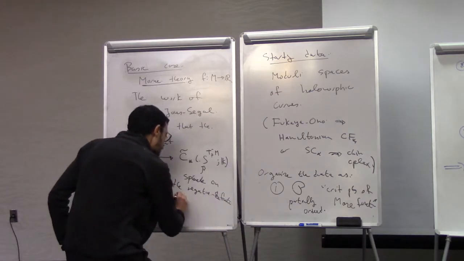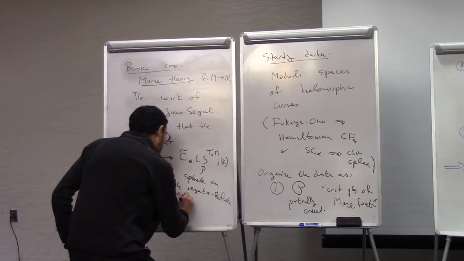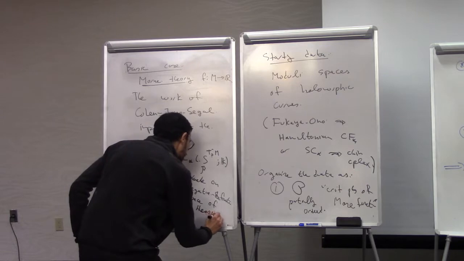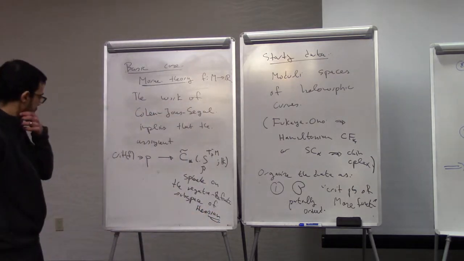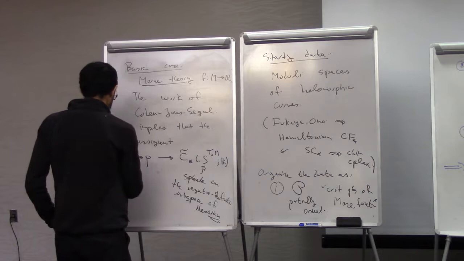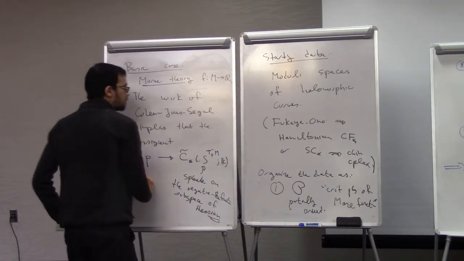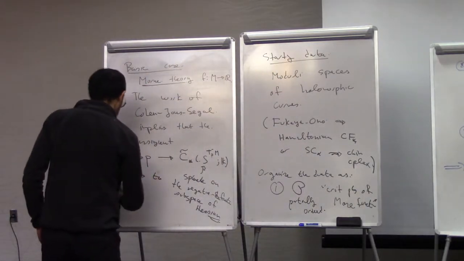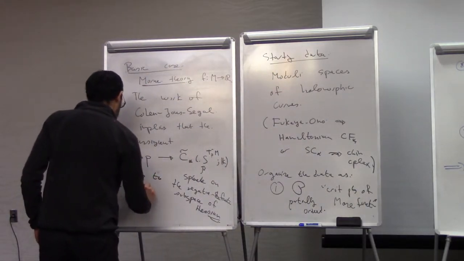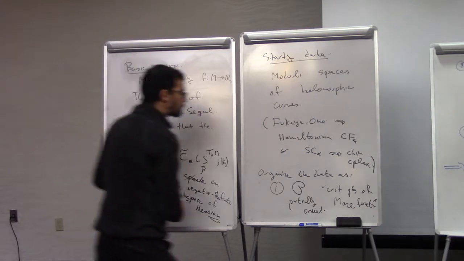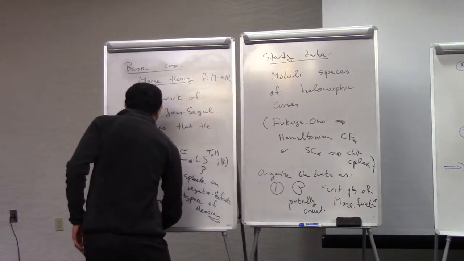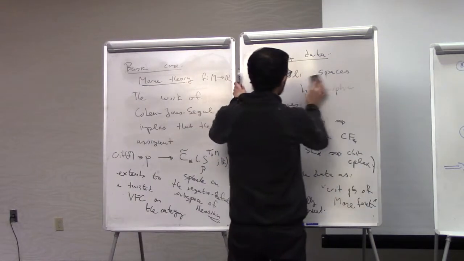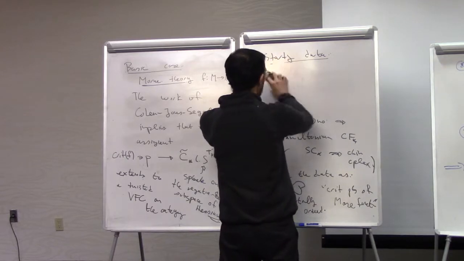Negative definite subspace of the Hessian. This assignment extends to what I call a twisted virtual fundamental chain on the category where the morphisms are the moduli spaces of gradient flow lines.